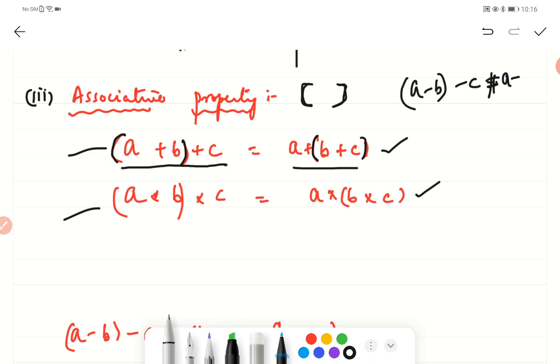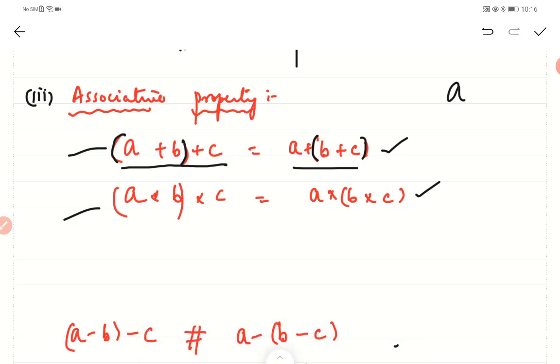All right, let's see an example. If I take a as 1, b as 2 and c as 3, these are all numbers which belong to whole numbers, isn't it? So let's see for addition.